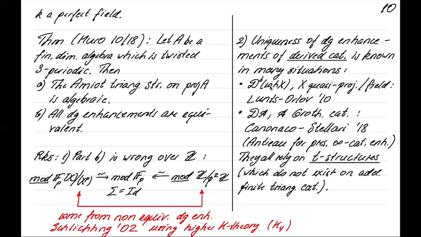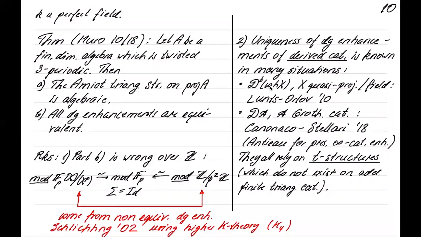But all these proofs rely on the existence of a t-structure, and in an additively finite triangulated category there is no non-trivial t-structure, simply because the suspension functor is periodic on indecomposable objects, because there are only finitely many indecomposable objects by definition. So we are in the absence of this crucial tool, and despite the absence of this crucial tool, Muro succeeds in proving uniqueness.